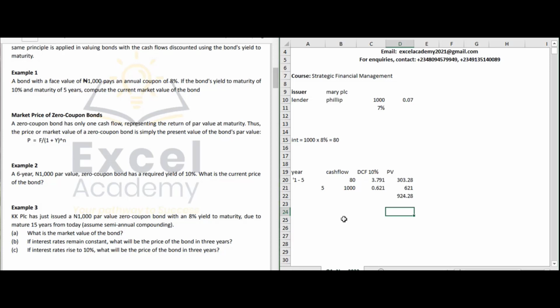So if you want to find the present value of a 0 coupon bond, there is only one cash flow. If this was 0 coupon now, that means from year 1 to year 5, this 80 naira won't exist. This is the only thing that we'll get in year 5. So this is the only thing we are going to discount. And that will give us the market value of a 0 coupon bond.